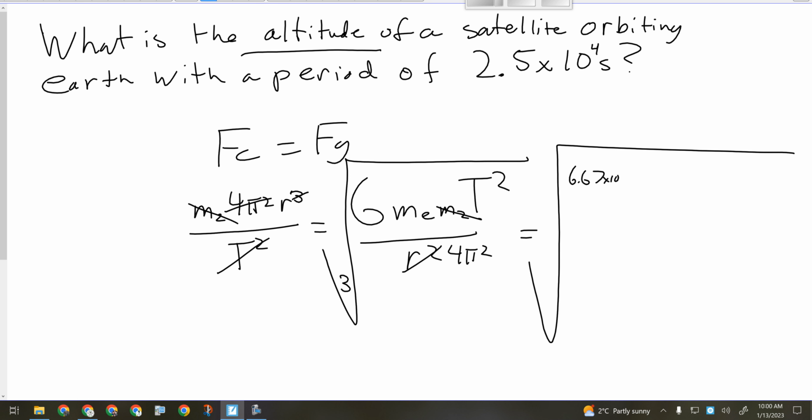So what I will have is 6.67 times 10 to the minus 11 times 5.98 times 10 to the 24, so mass of the Earth, times 2.5 times 10 to the 4 squared, divided by 4 pi squared.